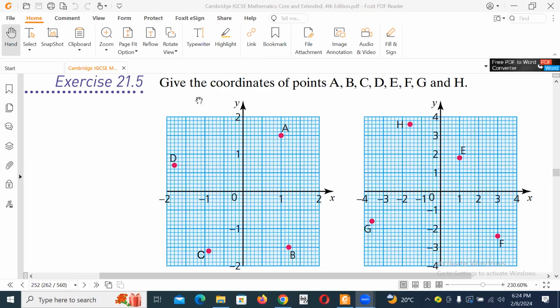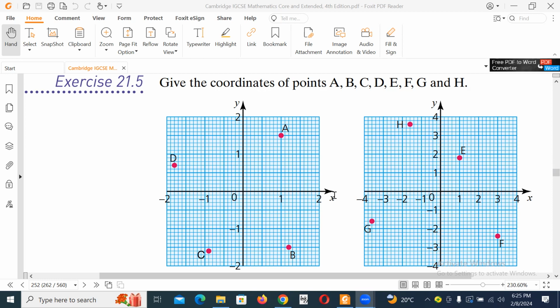Now, in this question, give the coordinates of points A, B, C, D, E, F, G, and H, which represent these two-dimensional shapes, with the horizontal x-axis going left to right and the vertical y-axis going bottom to up.